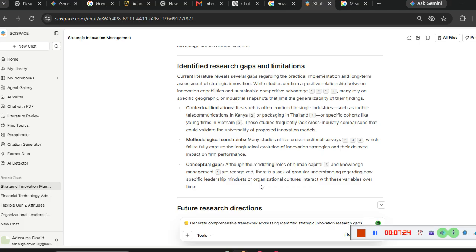Now, it's saying that the studies have been centered on human capital and knowledge management as mediating roles. So that means maybe a change in human capital results in a change in strategic innovation, then a spiral effect of competitive advantage, and likewise knowledge management.